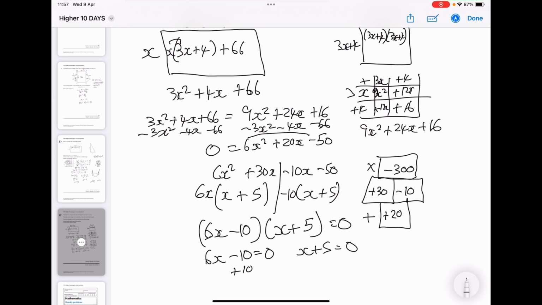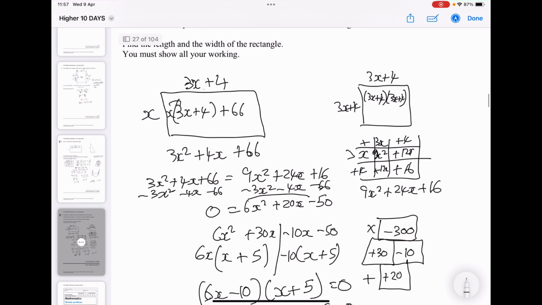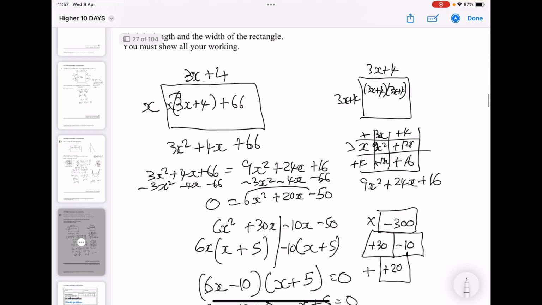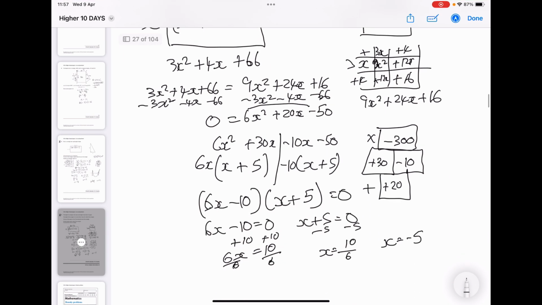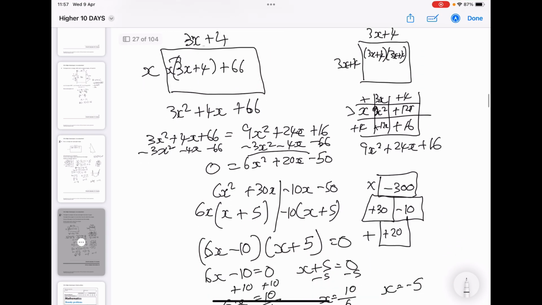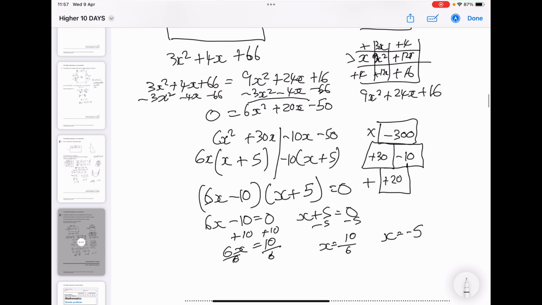Plus 10 plus 10. 6x equals 10, divide by 6, divide by 6. So x equals 10 over 6. Take 5, or x equals minus 5. I'm not going to be able to use x equals minus 5 because you can't have a negative. So what I've got is x is 10 over 6.